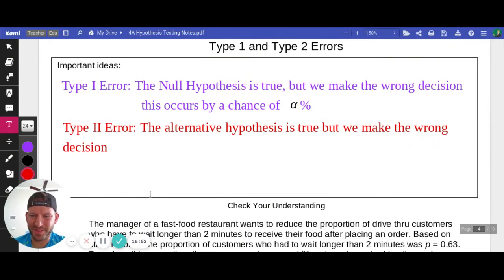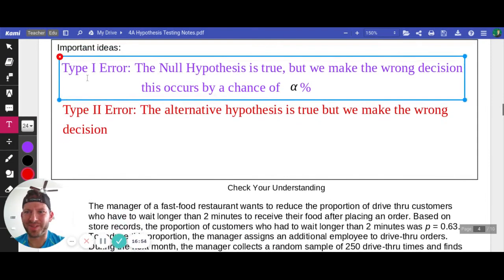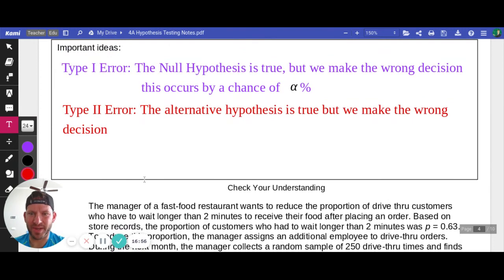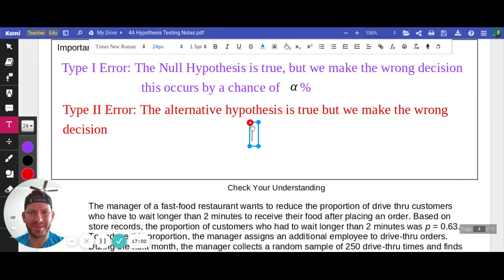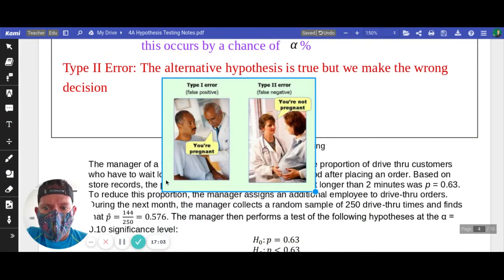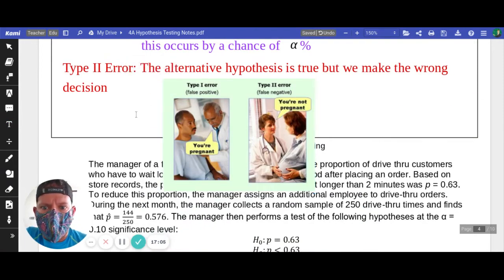So a fun little image here that I found just by Googling type 1 versus type 2 error, to give you an idea. Let me try and paste that. Okay, let me go try that again. One second. All right, so here's an image showing type 1 versus type 2 errors.